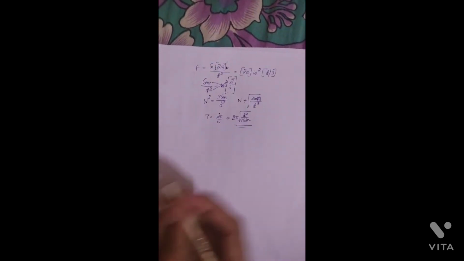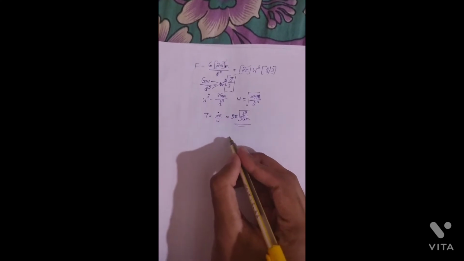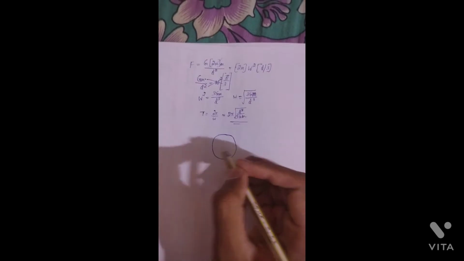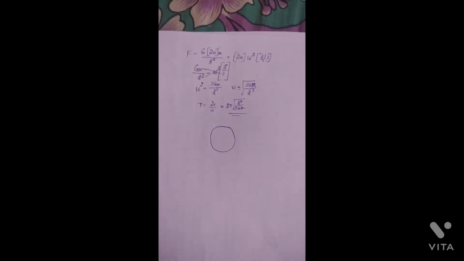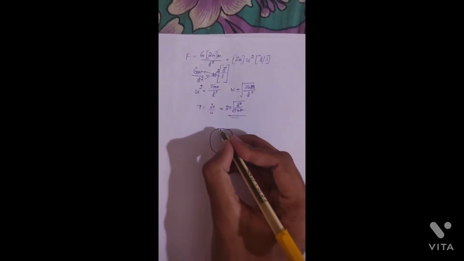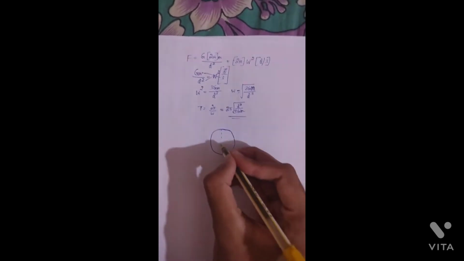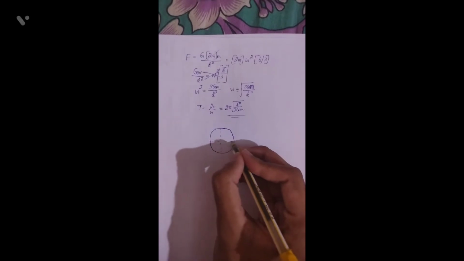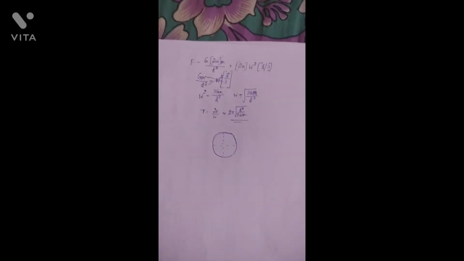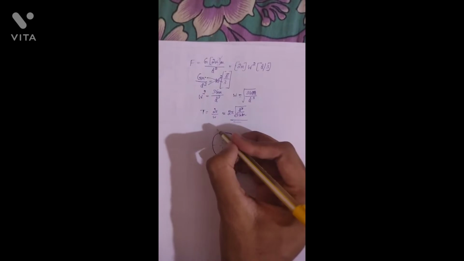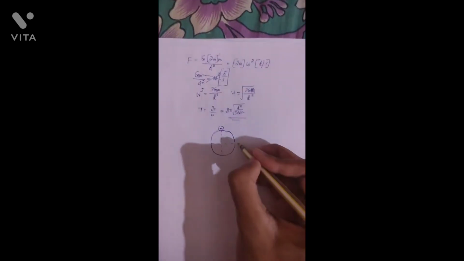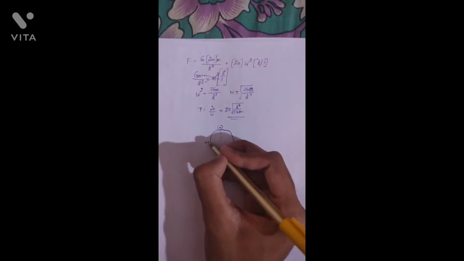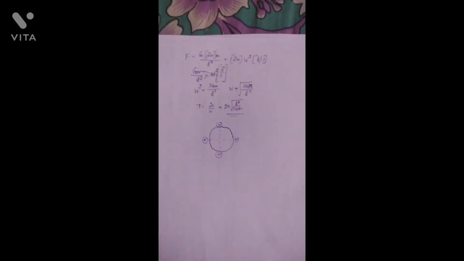First let us draw a small circle, it may not be a perfect circle but a little circle. Here they have made it 4 parts. In the question they are saying it is 4 parts. In these 4 parts they all have equal masses, 1 kg, m is equal to 1 kg.